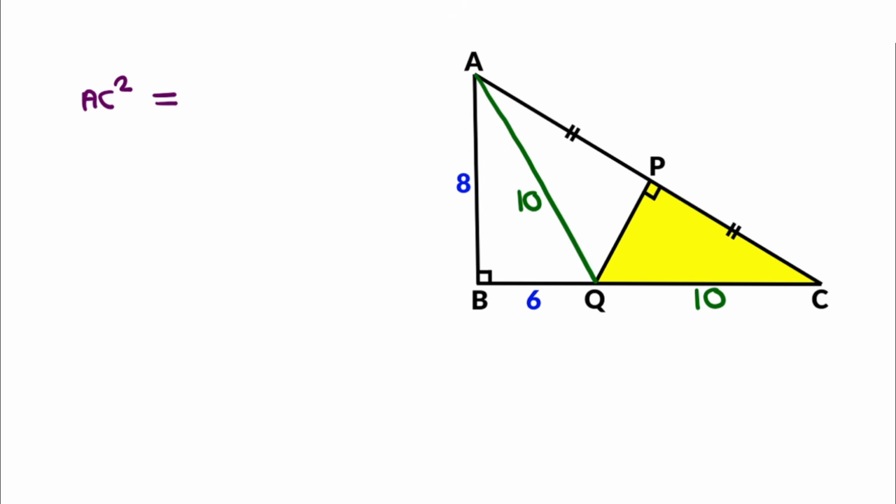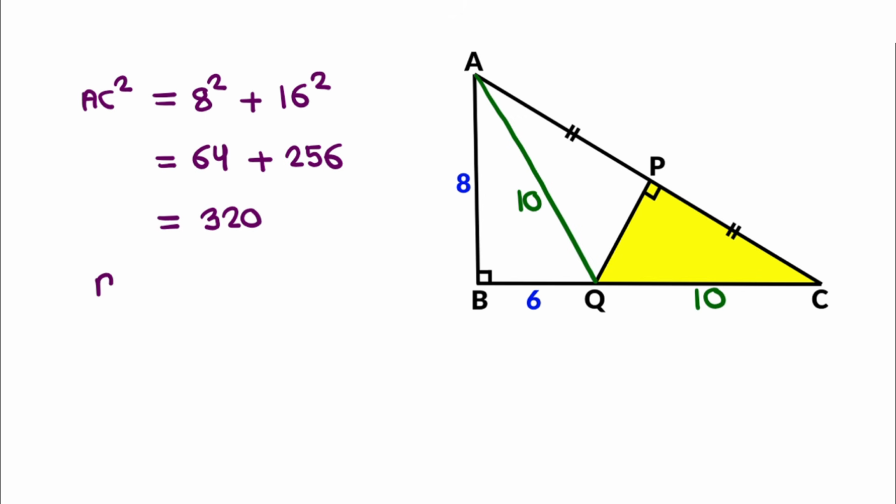AC squared equals 8 squared plus 16 squared. That's 64 plus 256, which is 320. So AC equals the square root of 320, which simplifies to 8 times the square root of 5.